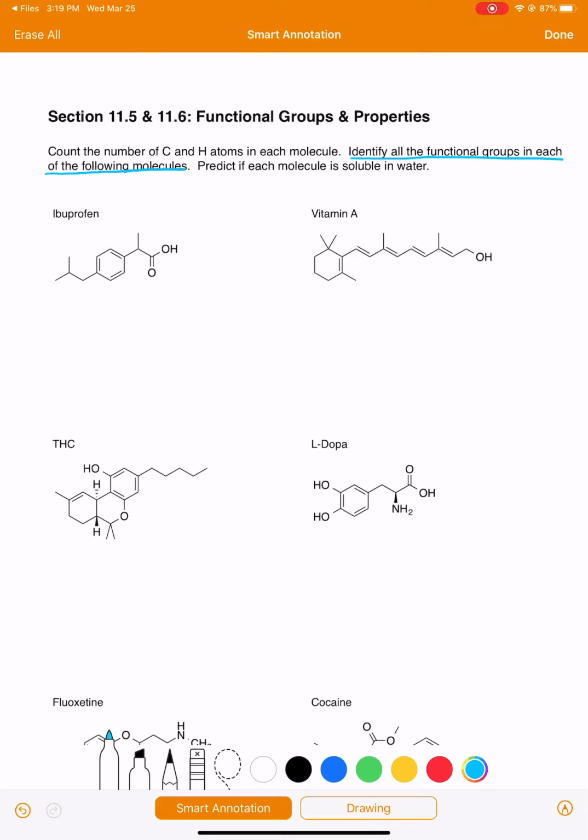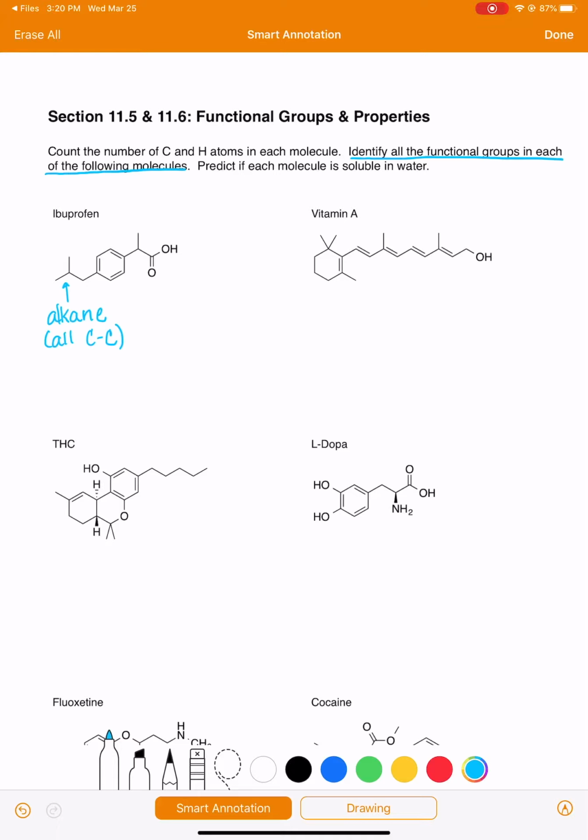Now, when we're looking for functional groups in a molecule, I'm going to start by saying that probably all of the molecules we are going to be looking at have the boring alkane functional group, where we have carbon-carbon single bonds.